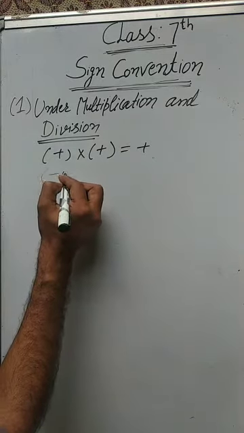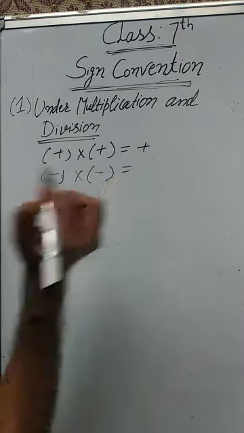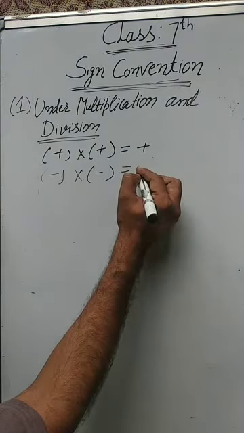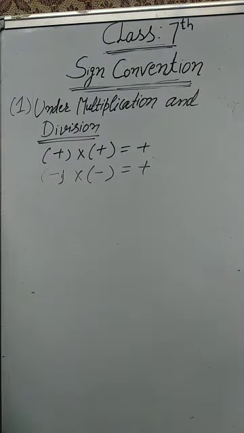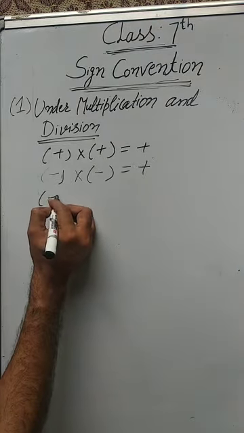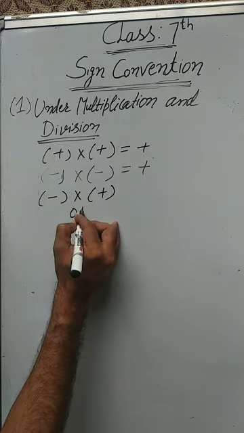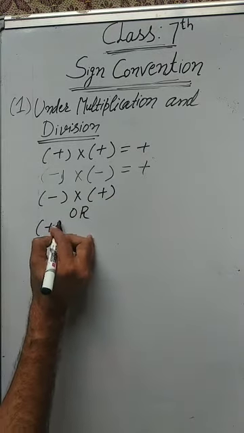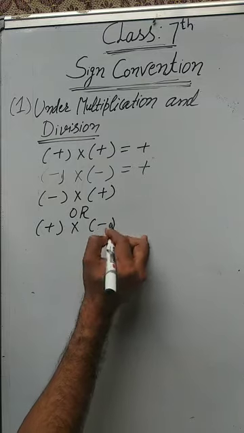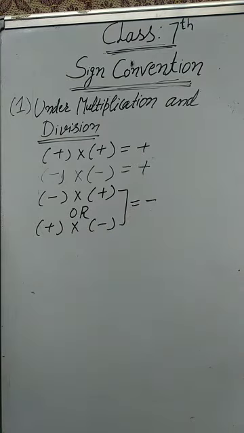And if you multiply a negative number with a negative number, again your final answer will be a positive number. And if you multiply a negative number with a positive number, or a positive number with a negative number, then your final answer will be a negative value.